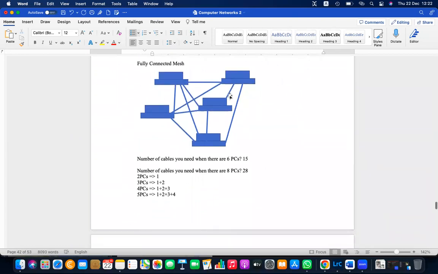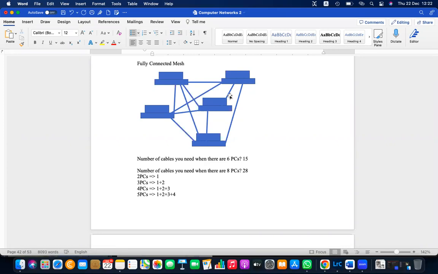Okay, then there is a version called mesh topology. There are two versions: fully connected mesh and partially connected mesh. The fully connected mesh is where each and every computer is connected to each and every other computer. The advantage of a fully connected mesh is multiple connection lines. Even if one line is broken, there are other lines for communication.